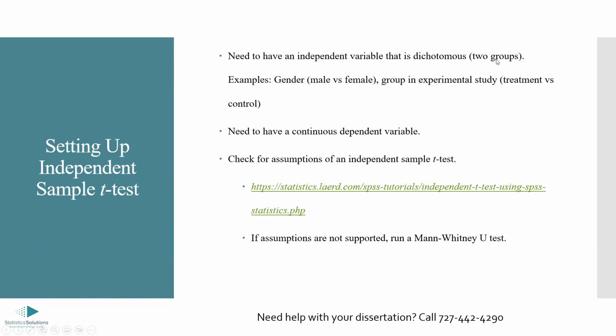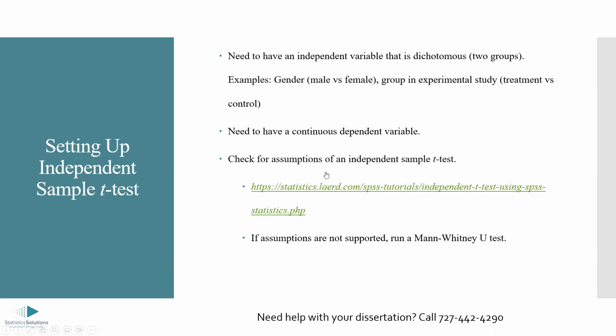You can't have overlap between your groups, like if you're doing an experimental study, treatment and control, you can't have people in both groups. It needs to exclusively be in one group each. And then you need to have a continuous dependent variable. So that's really anything that's numeric, interval, ratio, scale, that's a continuous variable.